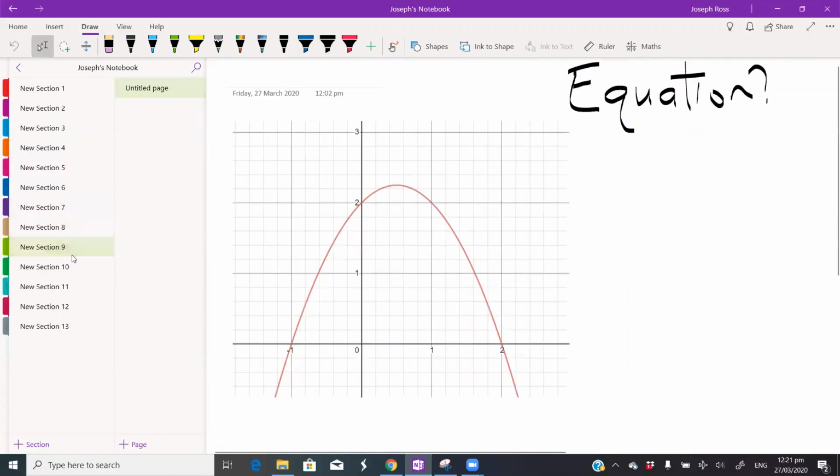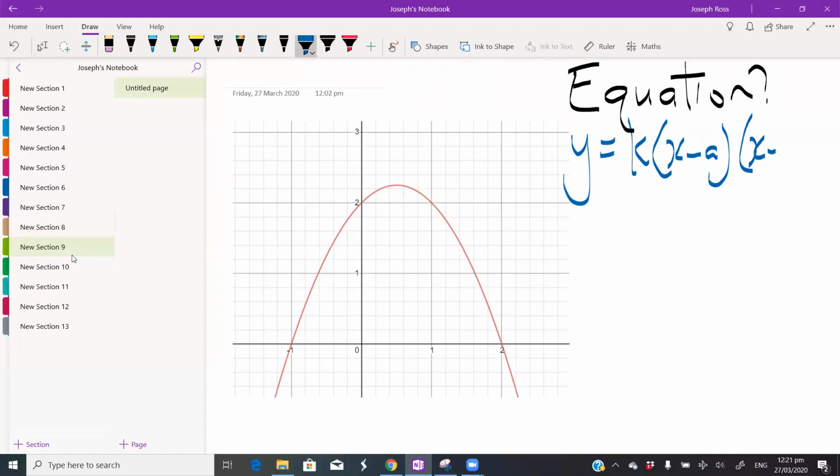Okay, so let's have a look at the equation of what we see on the screen there. First thing we need to work out is the form of the equation, which is k times (x minus a)(x minus b), and we read what your x-intercepts are, which are negative 1 and 2.